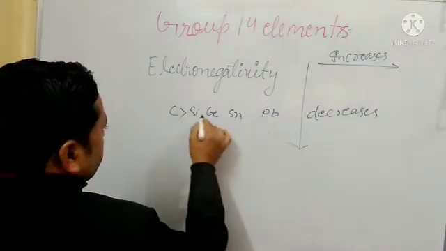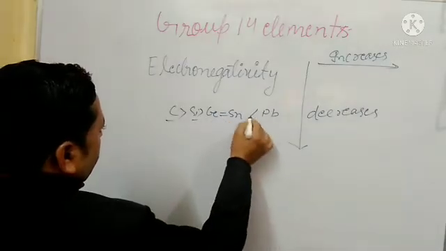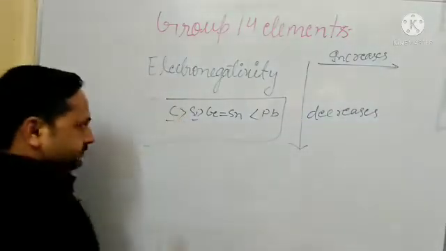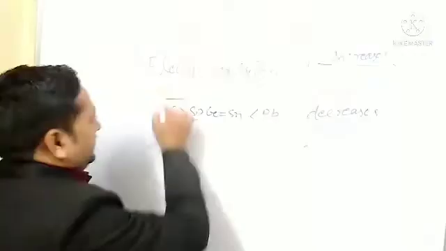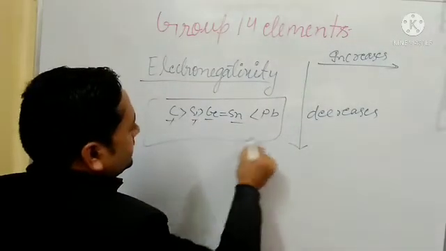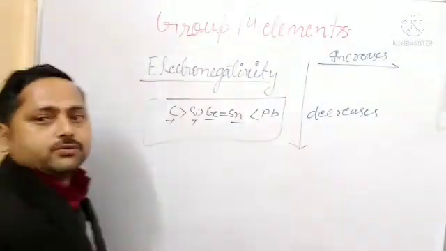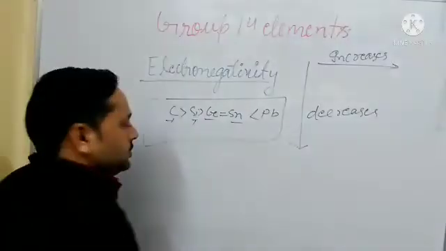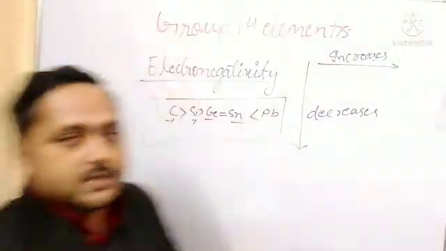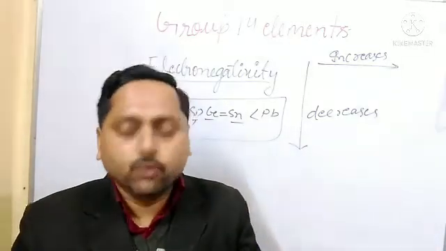Carbon is greater than silicon, and germanium and tin are equal, and lead is more than tin. This is the trend, and these things are observed due to the involvement of d and f orbitals in the core shells.